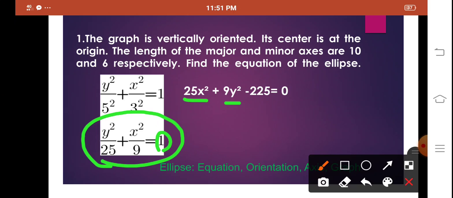So by additive inverse, we get negative 225. So the general equation is 25x squared plus 9y squared minus 225 is equal to 0.